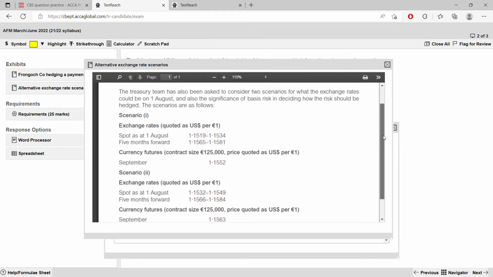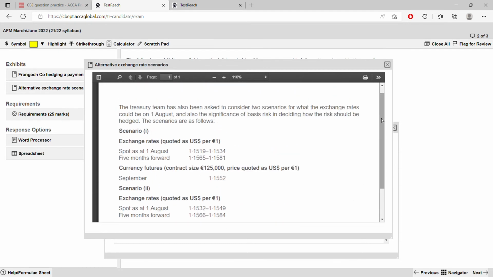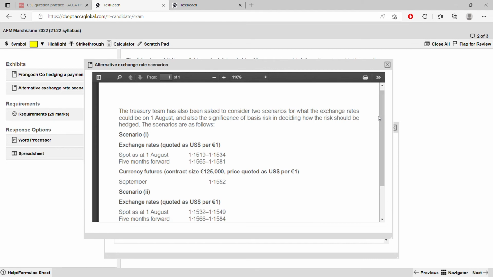They have not even mentioned anything about the option. So let's assume the option will not be exercised. But because these future prices are changing, the option also will change.